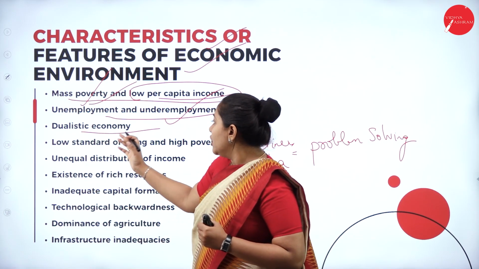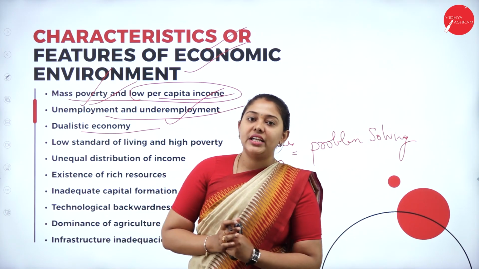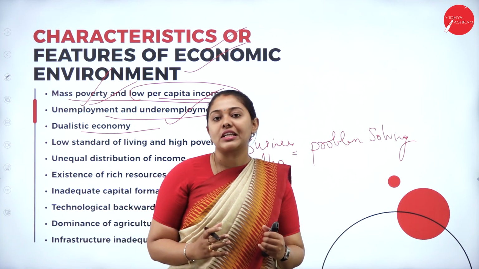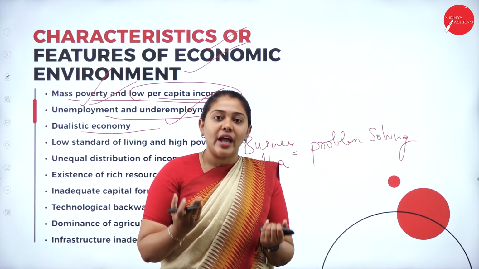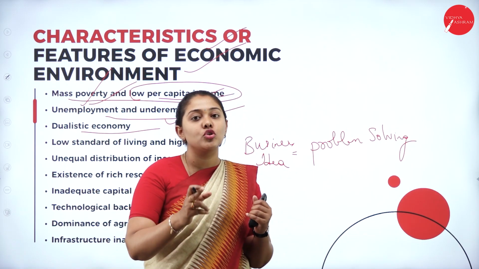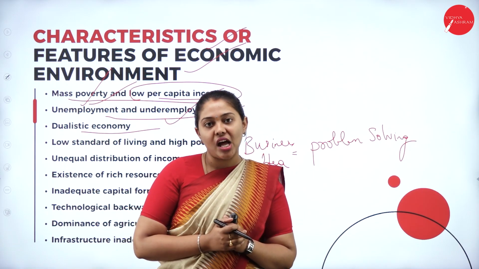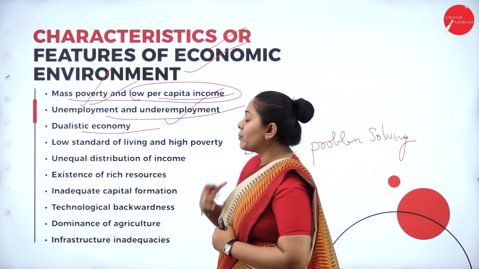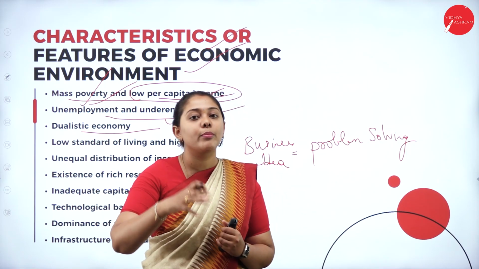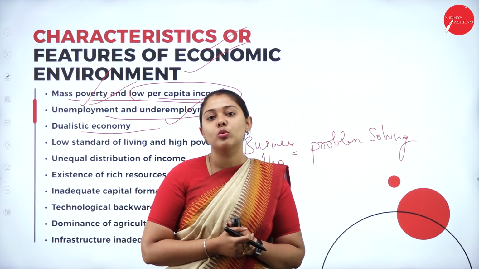In the same way, we are in the era of IT, so we are using a bit of technology as well in our economy. So ours is a dualistic economy, which has to be understood by a businessman before starting a business, expanding their business line, or bringing a product line, to know which product will fit into our market.